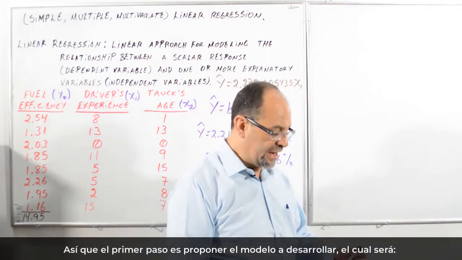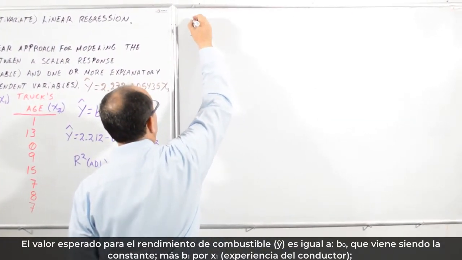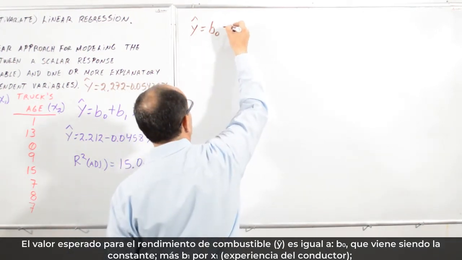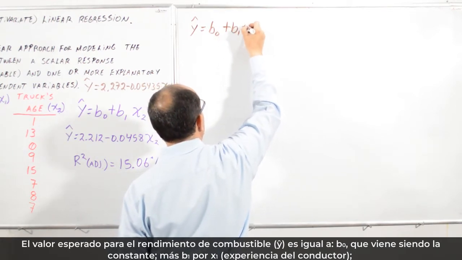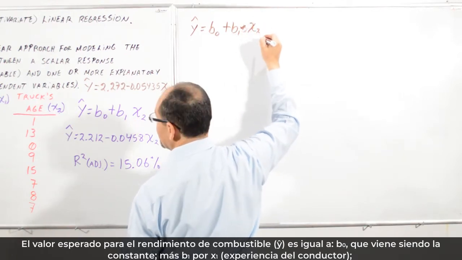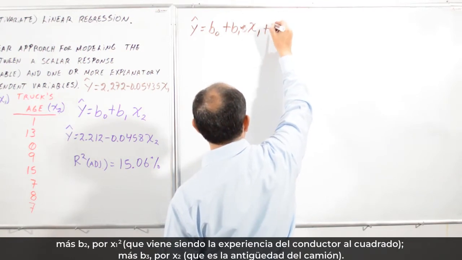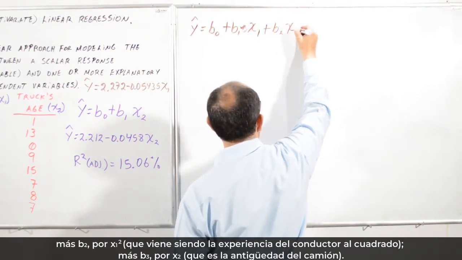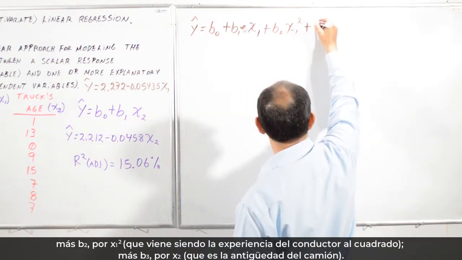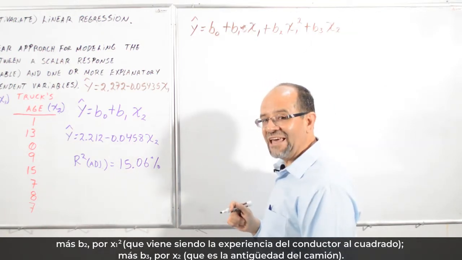First, I will propose the next model, which is the expected value for fuel efficiency equal to B0, which is the constant, plus B1 times X1, which is the driver's experience, plus B2 X1 squared, which is the driver's experience squared, plus B3 X2, which is the Trox's age.